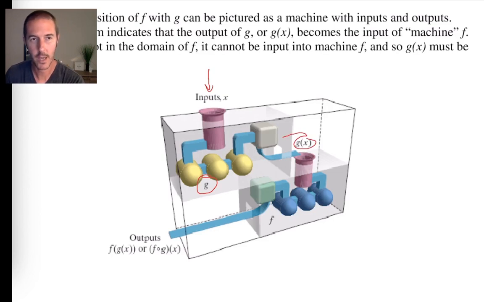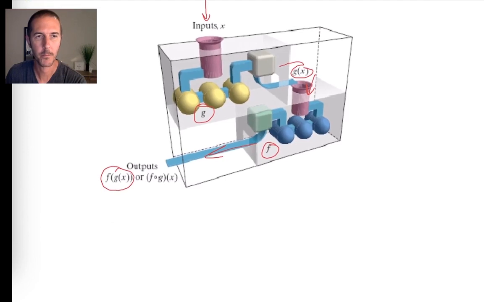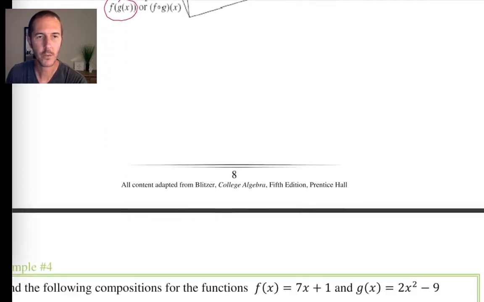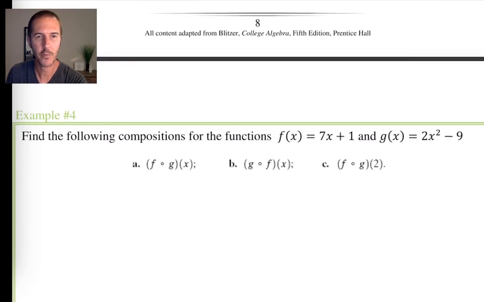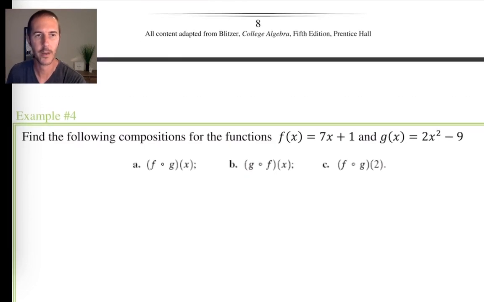So g of x is an output value, and then that's dropping into this tube right here as an input value for the f function, and then finally we get the output from that f function, which is the result of having processed both functions. f of g of x would be the output of that composite function. Some of us like those diagrams. It helps to put a visual to these kinds of abstract things like we're seeing on the screen now.